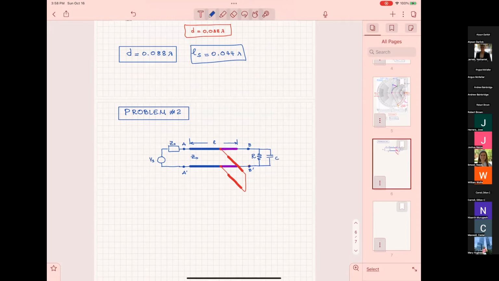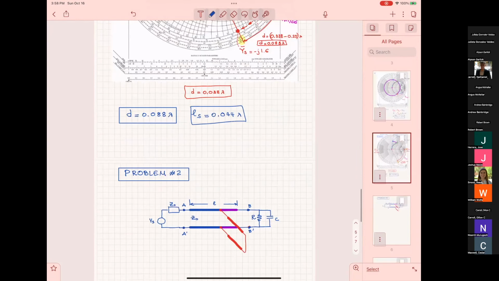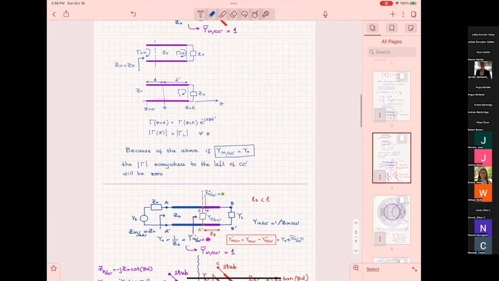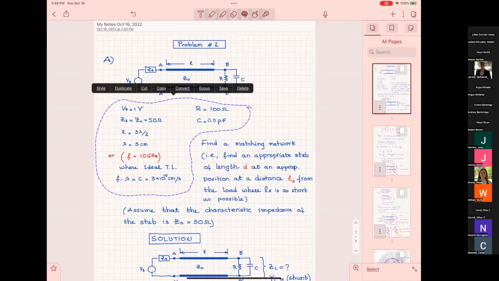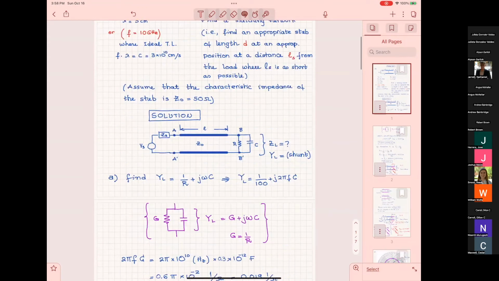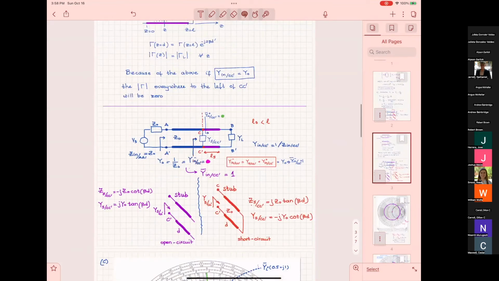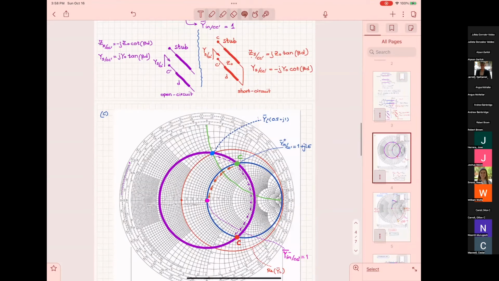And then what did we have? Let me put the first conditions. Take all of these, copy, paste.